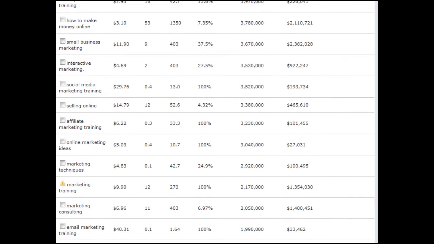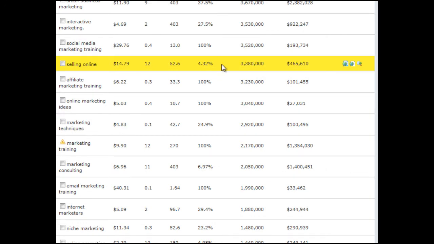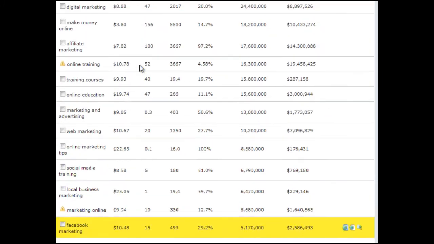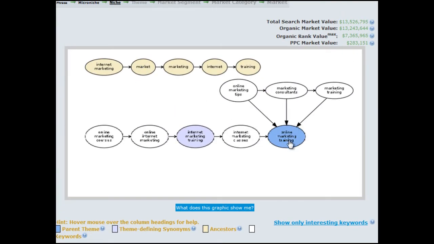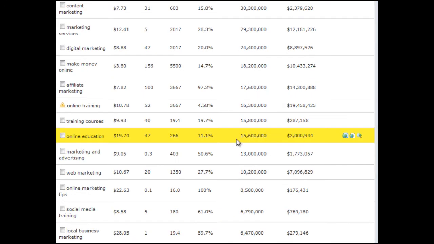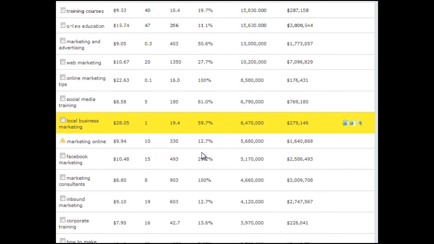And you'll see here where you've got smaller numbers of competing pages and you've only got like 4% intersection. The reason this is going to be 4% intersection is that if you turn around and looked at it the other way and you drill into selling online, it's a distinct possibility that selling online is going to be 100% co-occurrent with online marketing training, but it's only 4% the other way around because it's got such a small number of competing pages.